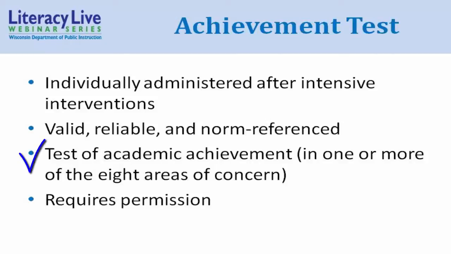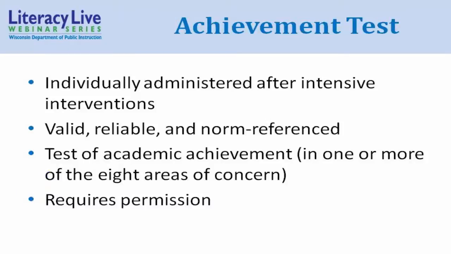It should be a test that is matched to the area or areas of concern. So for instance, if the area of concern was reading fluency, then an achievement test in reading fluency is going to be a requirement. Please check the technical guide for each assessment to see who can administer the test.